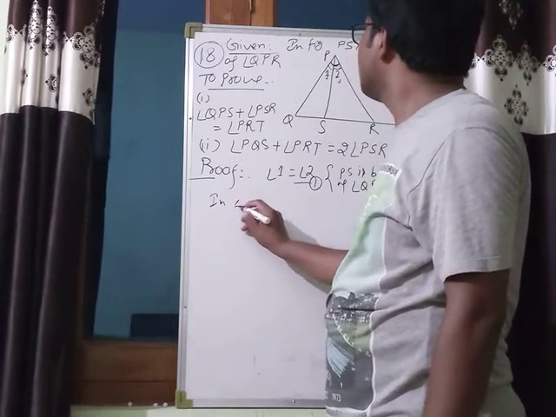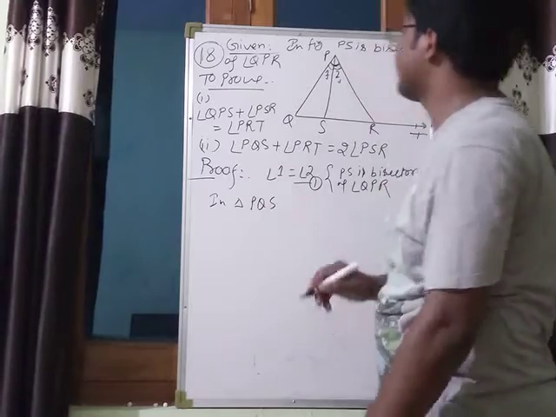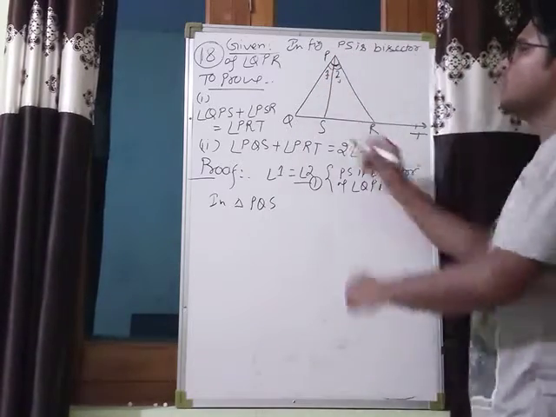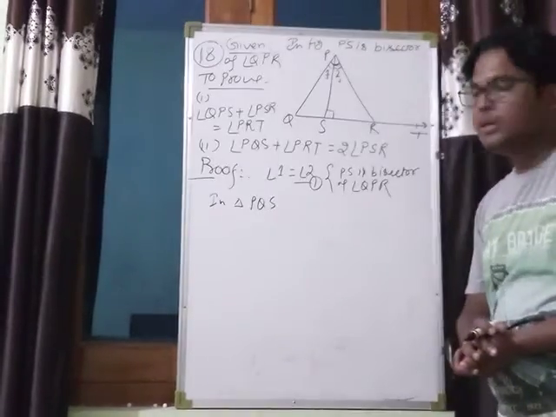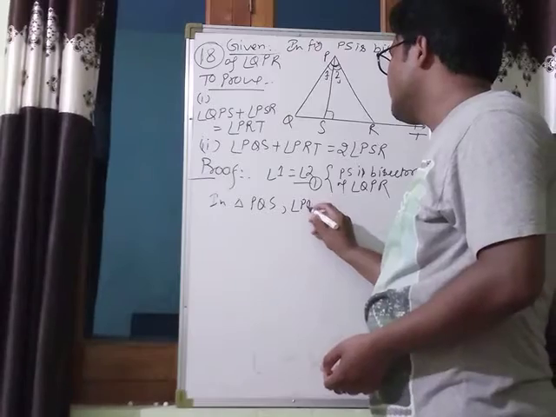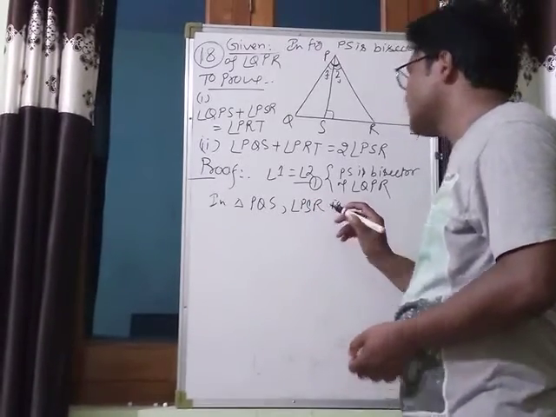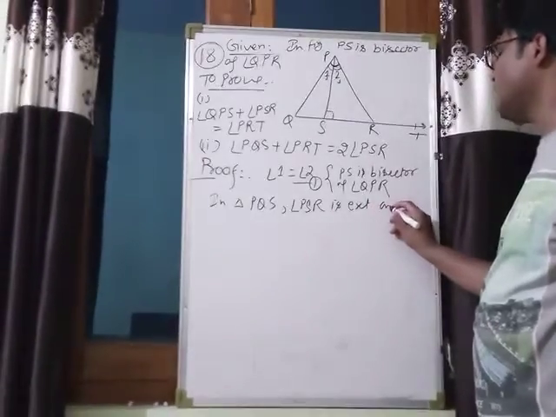See, in triangle PQS, when QS is produced, then this angle is formed. This angle PSR is an exterior angle.